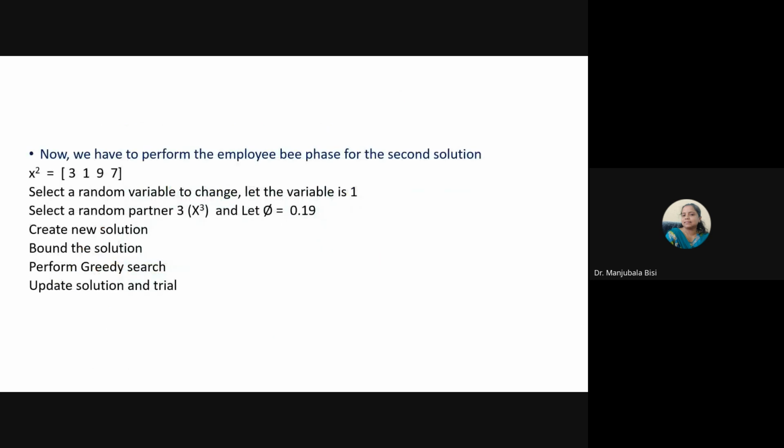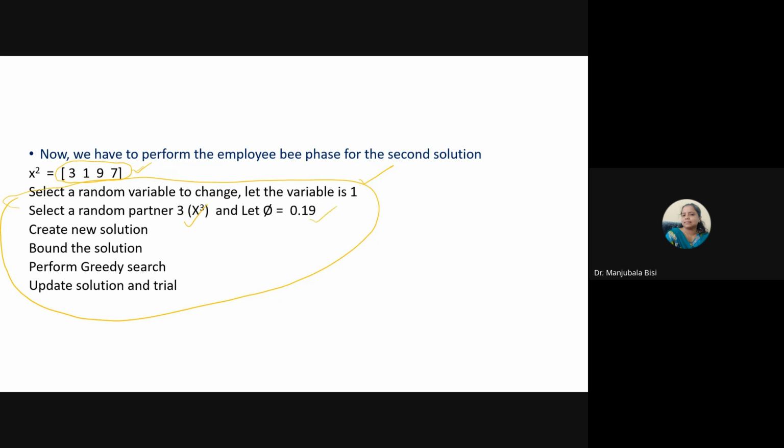So 3197. Now we have to perform the employee B phase for the second solution, that is 3197. So whatever I told, in order to undergo the employee B phase, you select a random variable, let the variable be 1. These are all randomness, this is in your hand, you can do it randomly. Partner is the third one. So third is different from the second, that you have to take care.